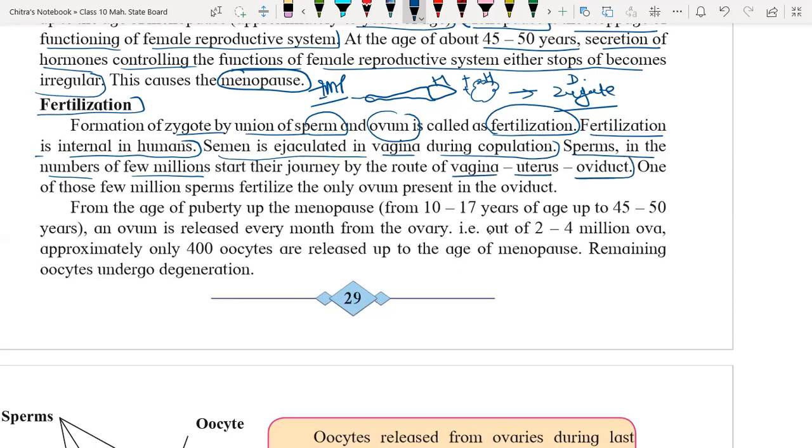And in the oviduct, the egg cell gets fertilized. So a very important question: where does fertilization take place? In the oviduct of the female reproductive organ. Understood, everyone? Yes, sir. And it is internal.